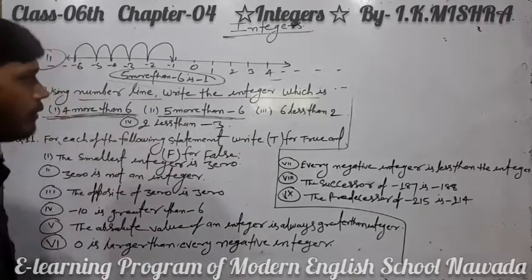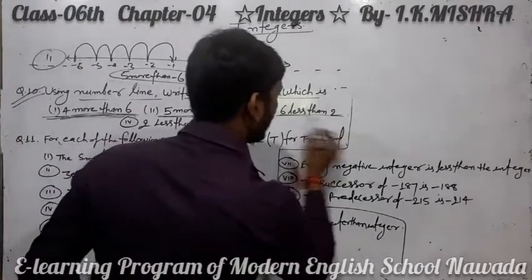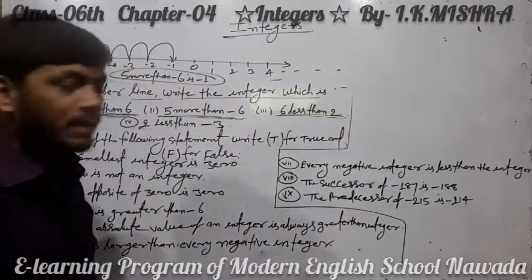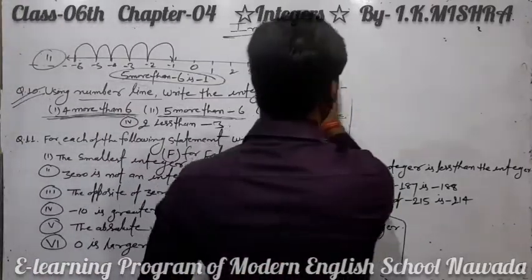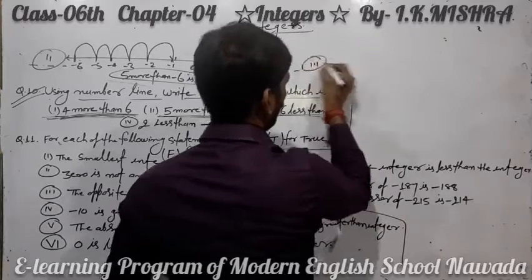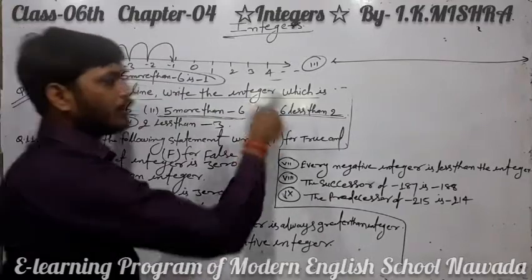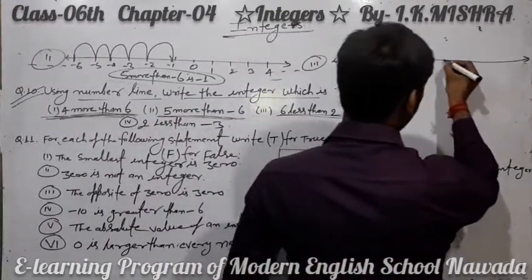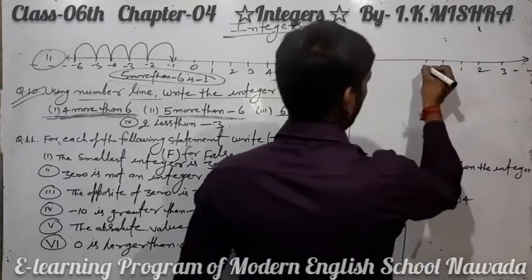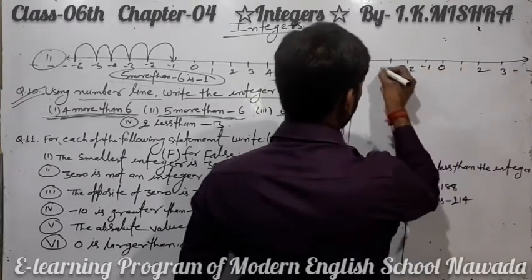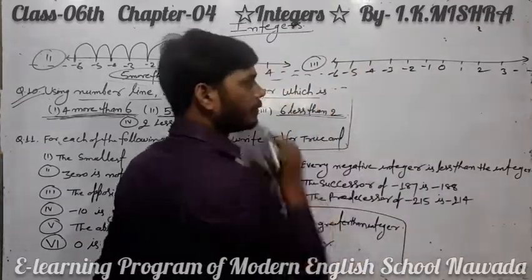Similarly, students, you can do 6 less than 2. Less than means you have to go right to left. Third question, first of all draw a line. 6 less than 2. Here 0, 1, 2, 3, minus 1, minus 2, minus 3, minus 4, minus 5, minus 6 and so on.